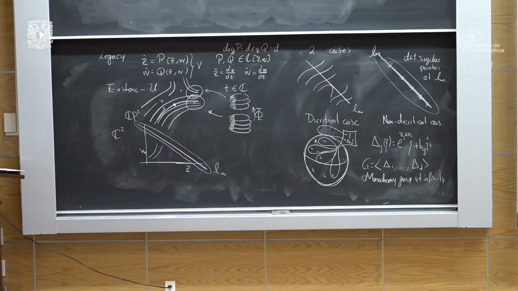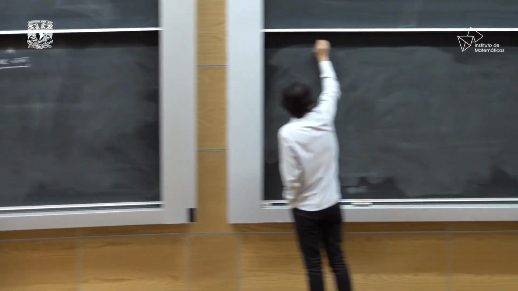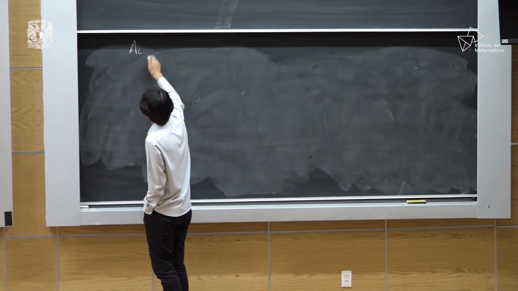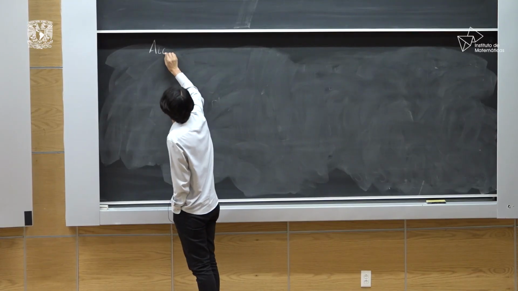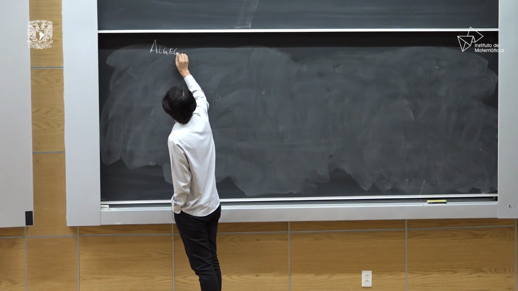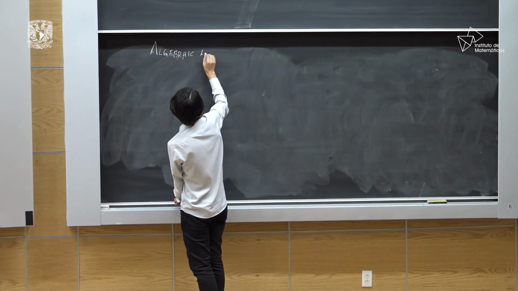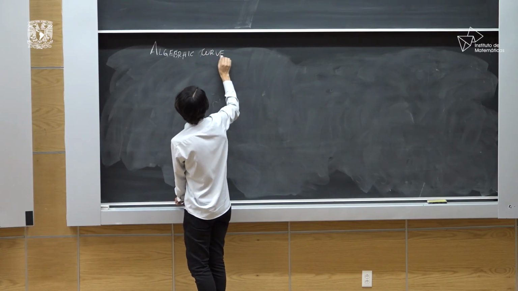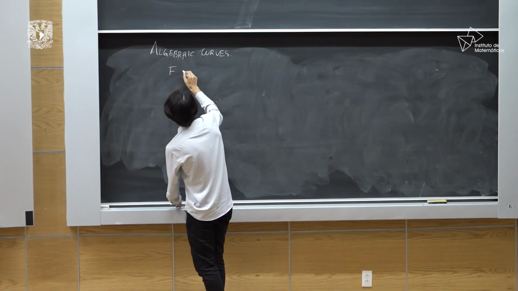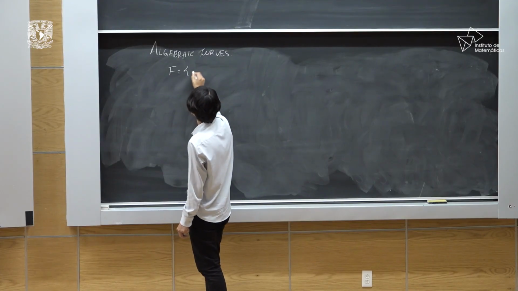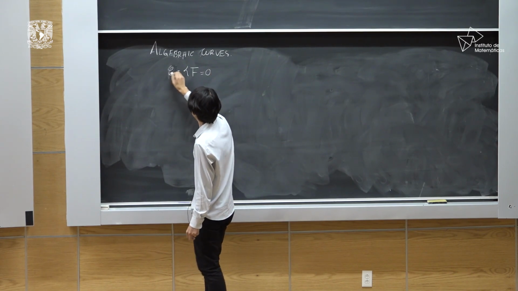So now I will change the topic to algebraic curves. Algebraic curves, as was introduced in the last lecture and in the morning, are given by the zero level curve of a polynomial.